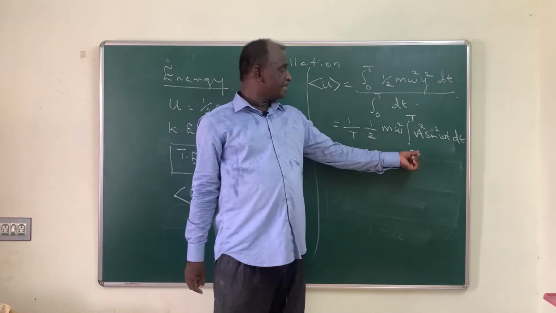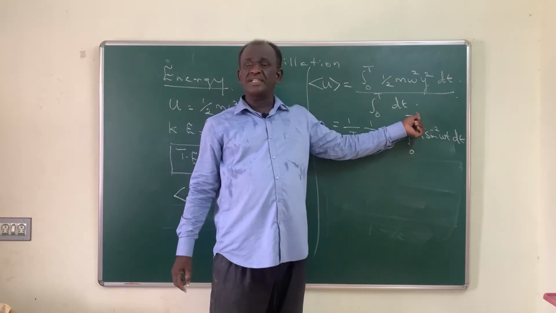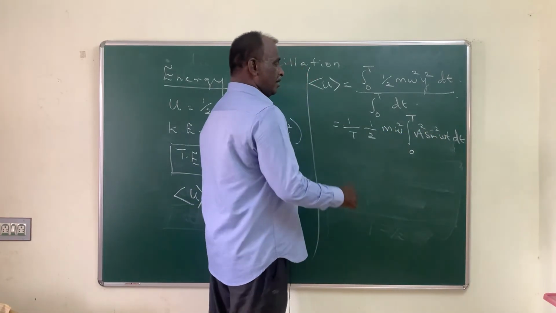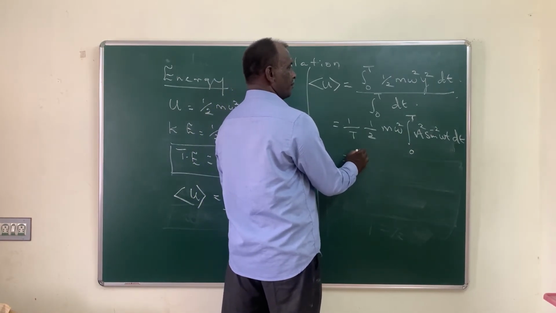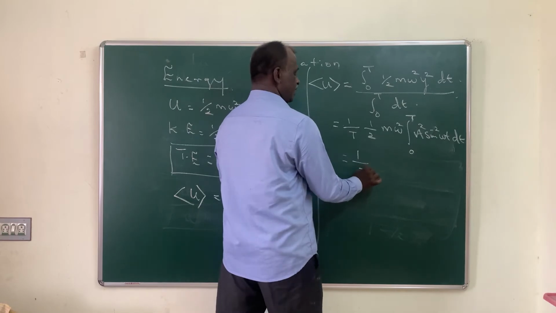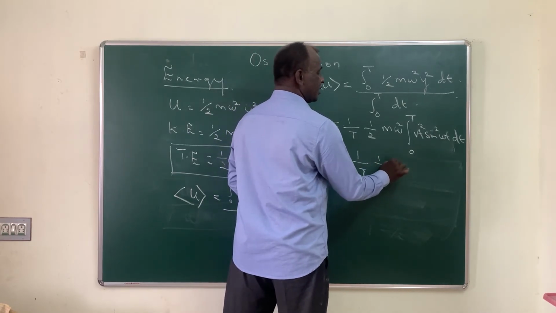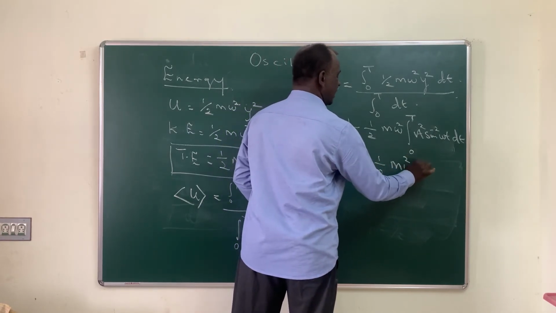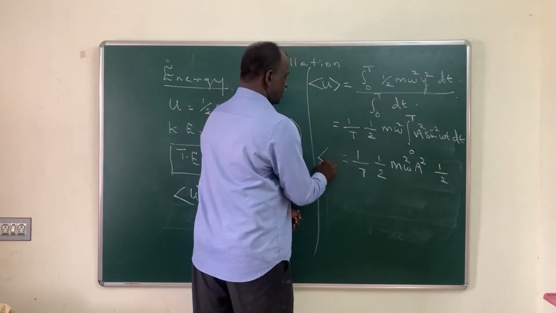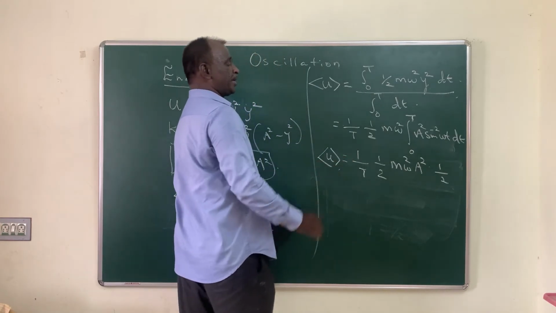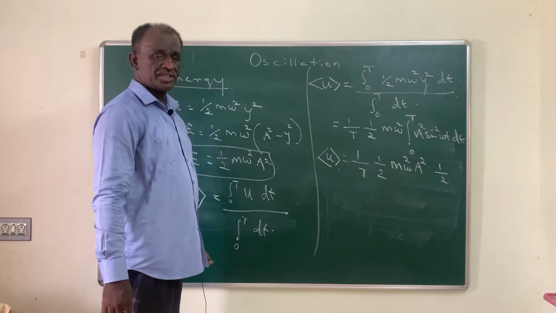After taking a square outside, the integral from 0 to T of sine square omega t, we know, is one half. So we get 1 by T, half into m omega square a square into 1 by 2. This is the average potential energy of a particle executing simple harmonic motion.